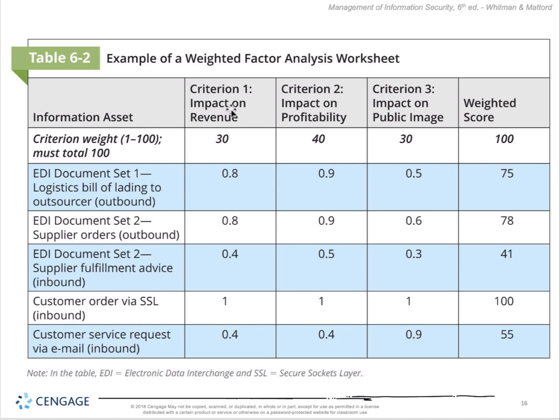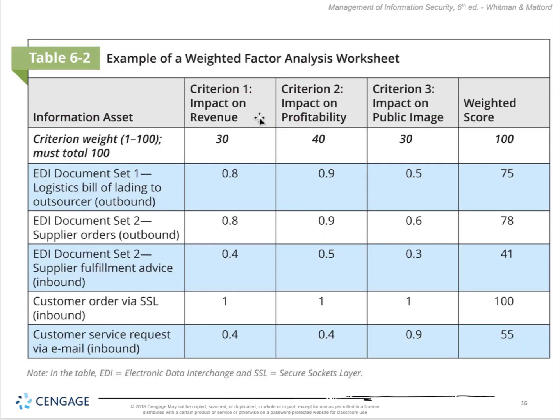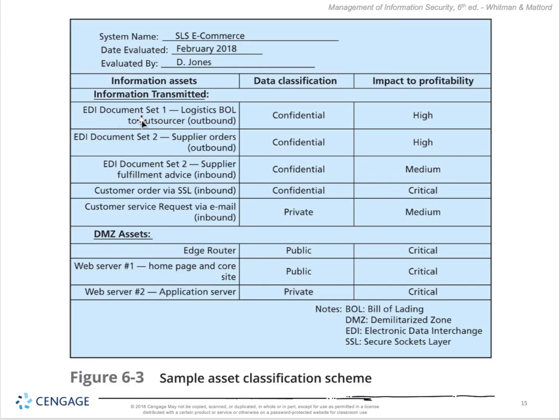Now, in regards to the impact on revenue, this is another way of doing it. So again, observe that here we're doing a technical analysis and here we're doing a monetary analysis, right? So for example, the criterion weight ranging from 1 to 100. So you have EDI document, again, the same resources here, right?